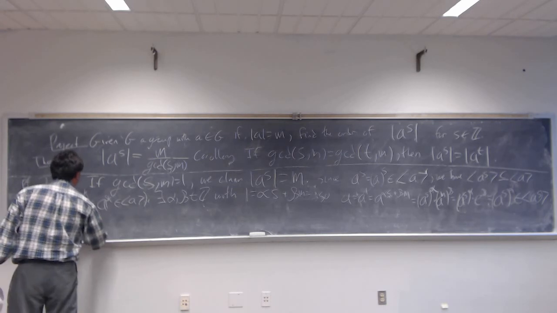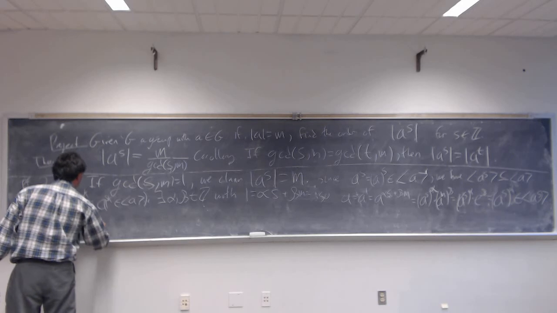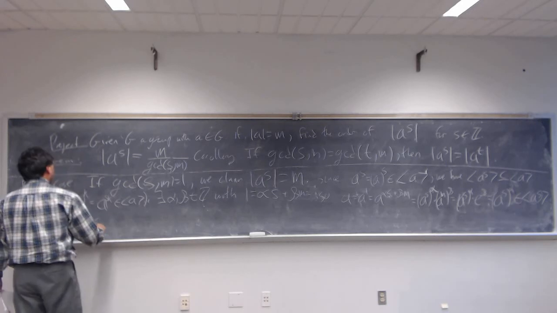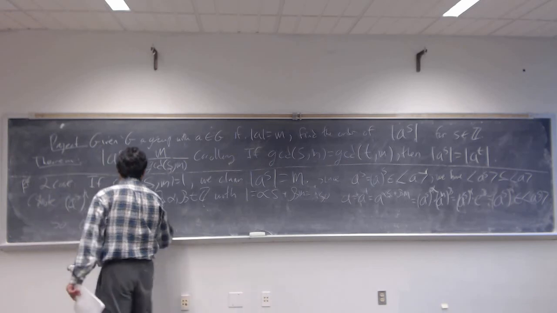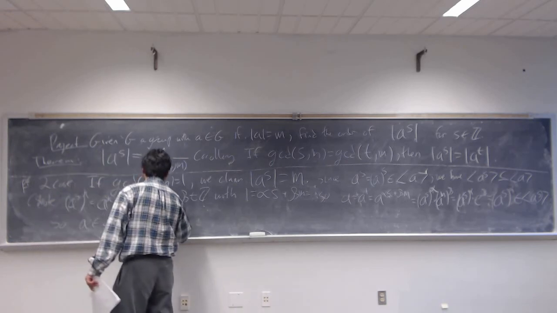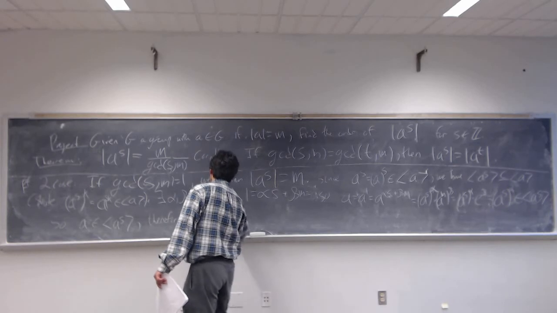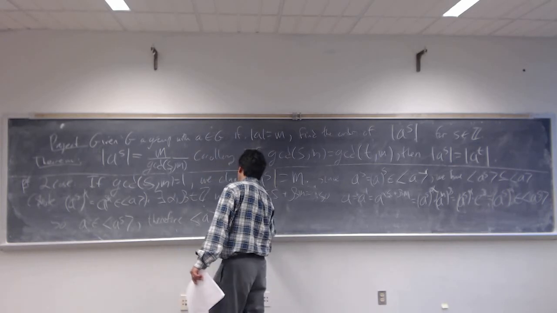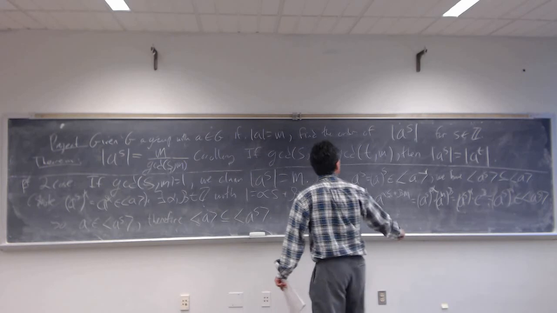So A to the S, so A is an element of the cyclic subgroup generated by A to the S. But since the cyclic subgroup generated by A is the smallest subgroup that contains A, this has to be inside. So we've got double containment.